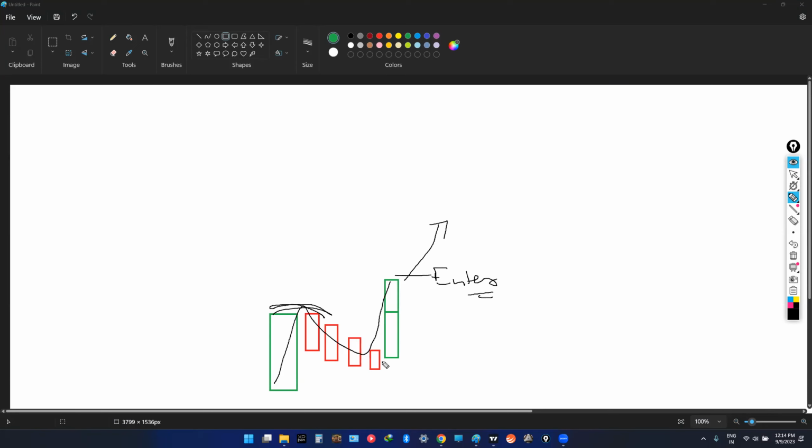Either you enter using some speculation that from here I see a very good probability that it is forming this structure and now it will go up, or you wait for the closing. What are the pros and cons? The cons are that if you enter when the candle is forming, there is a high chance that the candle can go down and become red and hit your stop loss.